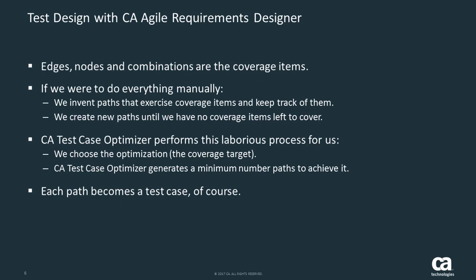And that's how test design actually works. Now what the optimizer does is it performs this rather laborious task for us. So we choose an optimization, our coverage target if you like, and what the optimizer then does is it generates a minimum number of paths to achieve that coverage target. And each path through the model is in effect a test case, of course.